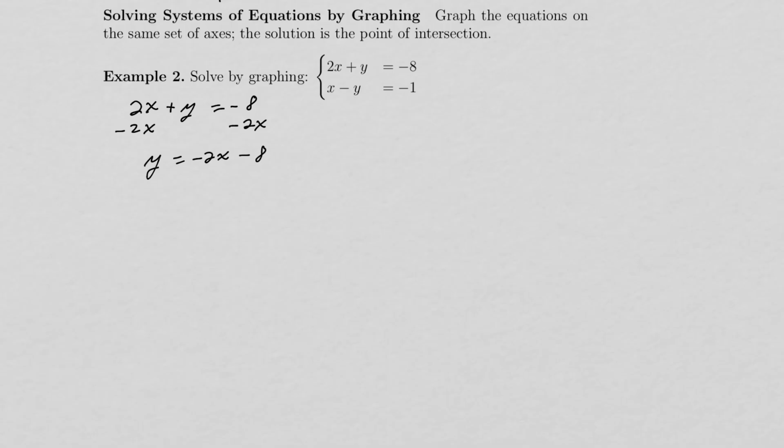Okay, ultimately I want to graph this, so let me draw a graph over here. I don't really know how many tick marks, but I'm going to put at least 8 of them.